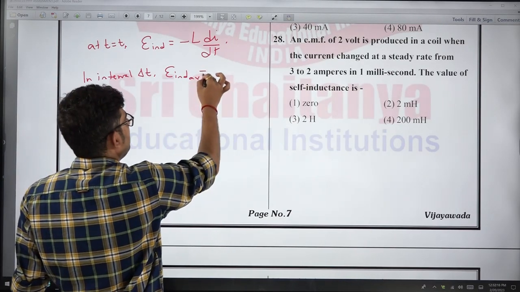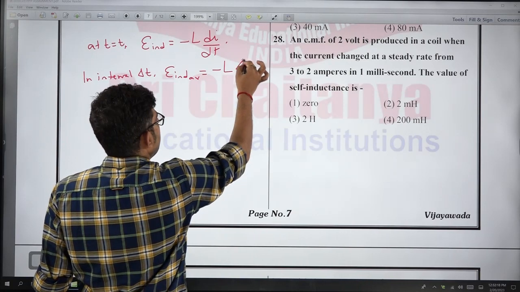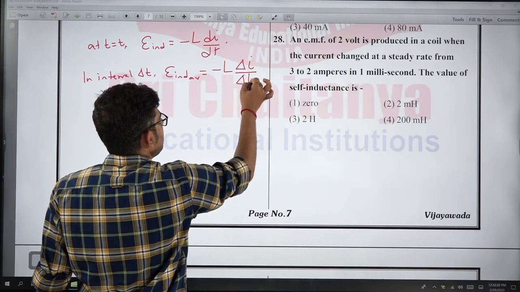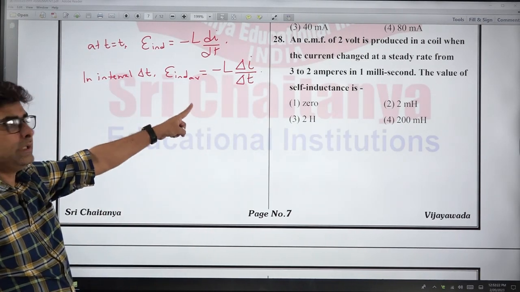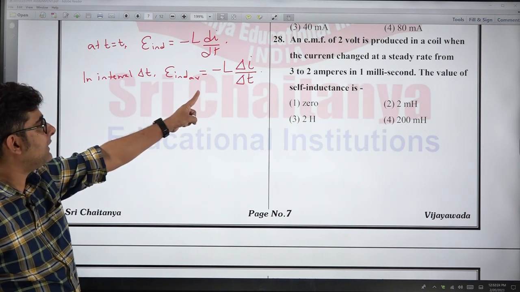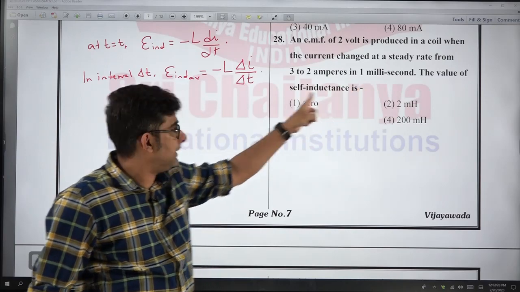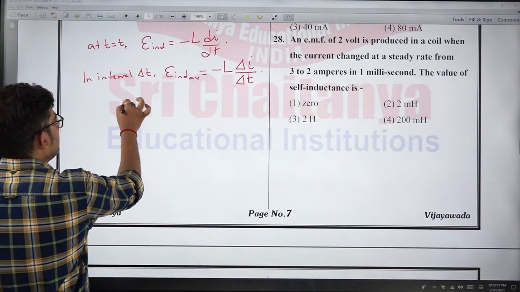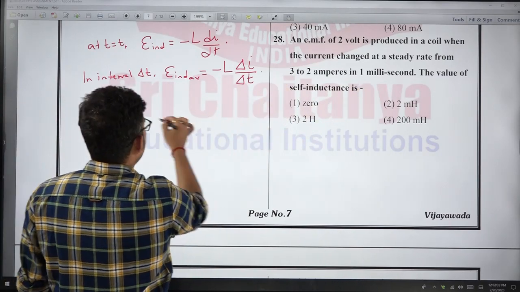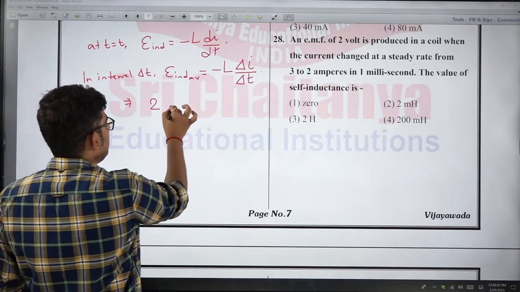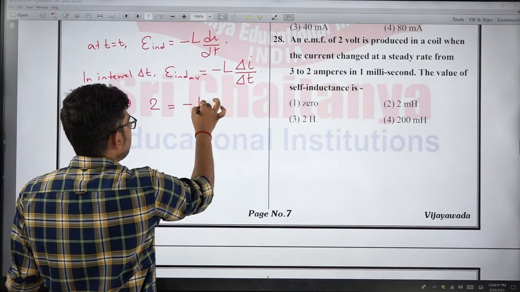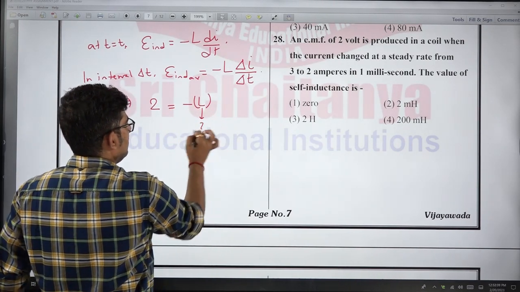So this formula will become how much? Minus L delta I by delta t. So you should be clear with these 2 points. Which one we will apply over here? It is not changing instantly, it is changing in an interval of 1 millisecond. So this one. So just put the induced EMF given as 2 volt. This is equal to minus L, which is asked in the question.